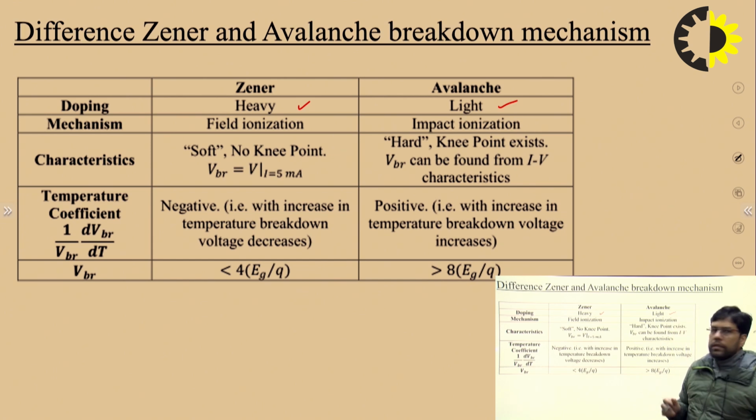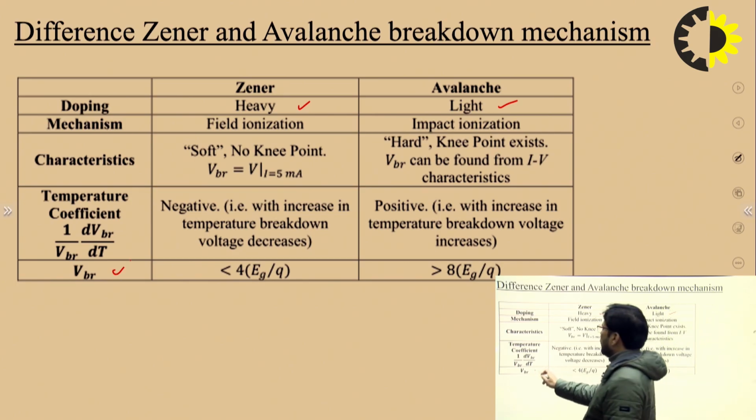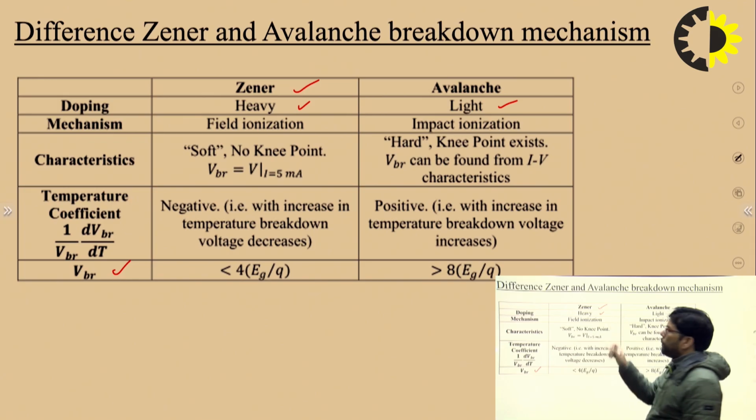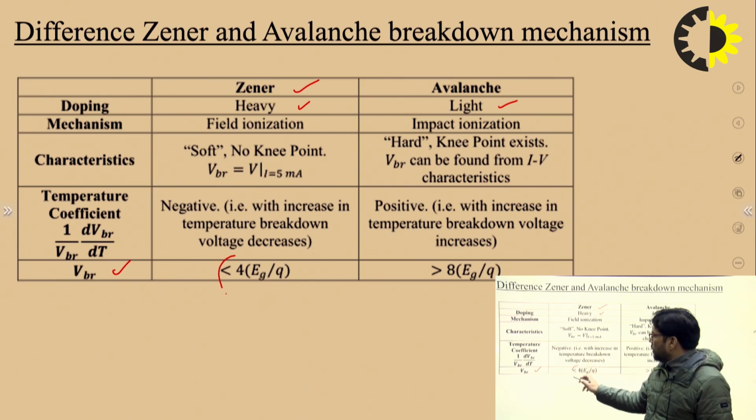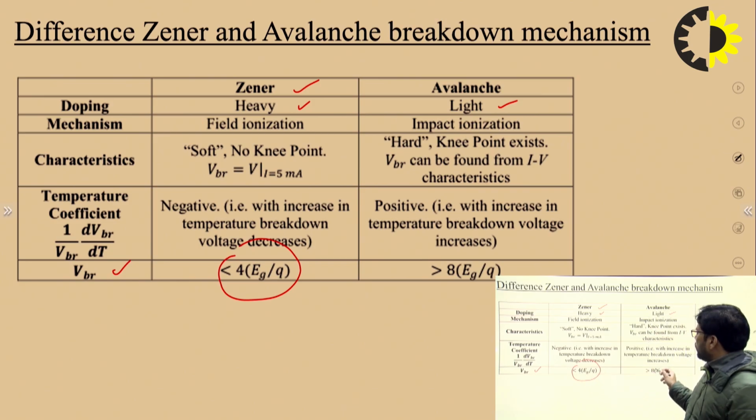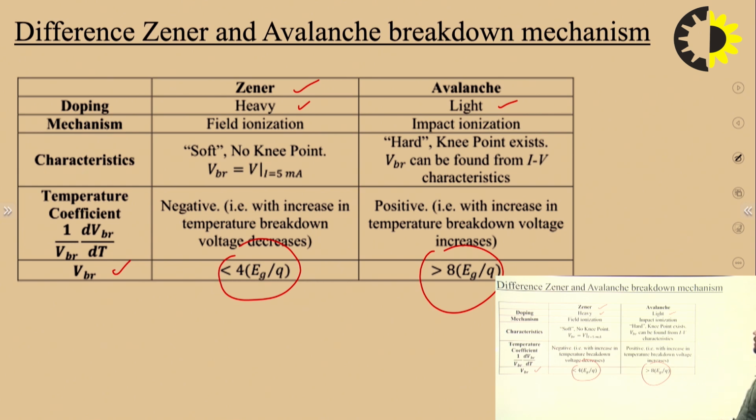If you talk about the breakdown voltage, Zener breakdown happens at some lower voltage, while avalanche happens at some higher voltage. As you can see here, Zener happens at lower than 4 volts, and avalanche happens at higher than 8 volts.